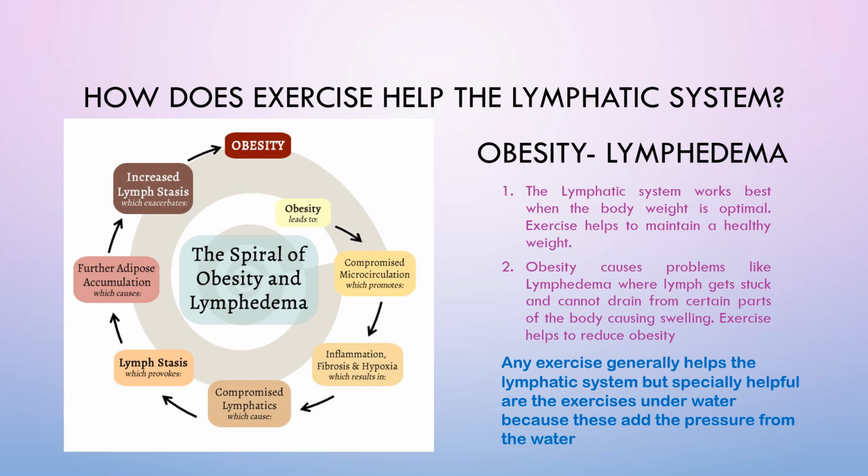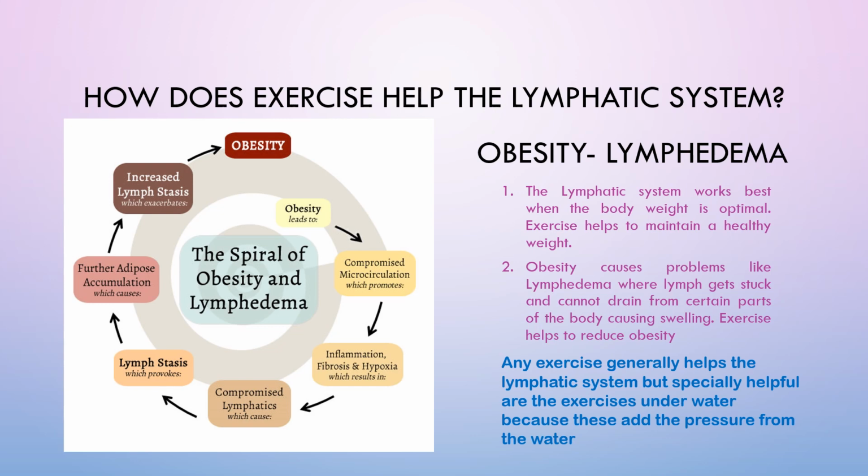Now we started the video talking about people who have some swollen parts in the body, and those parts are swollen because of the swelling or retention of fluid in certain lymph nodes. So such kind of a swelling is known as lymphedema. Lymphedema is more common amongst people who are obese, and we know that the lymphatic system works best when the body weight is at optimal or the ideal body weight.